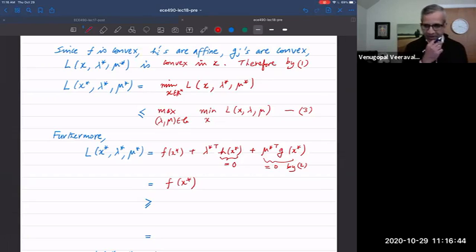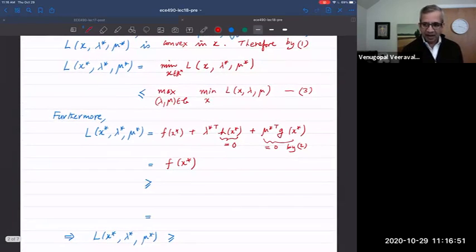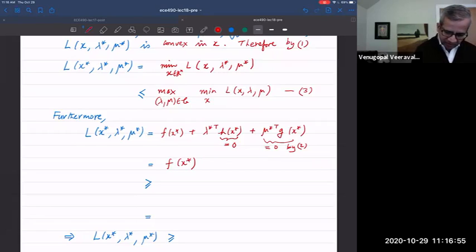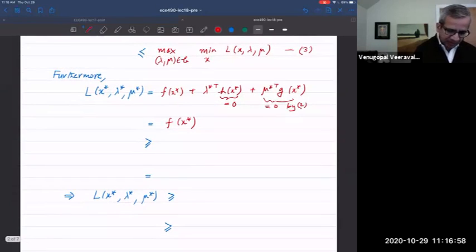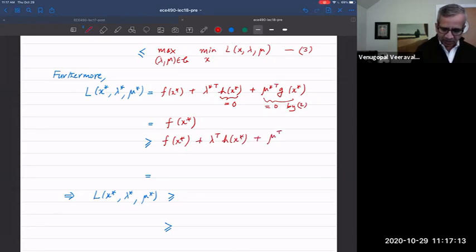Okay, so now I'm going to look at how this is related for arbitrary lambda and mu. I claim that this is bigger than or equal to f of x star plus, now instead of lambda star, an arbitrary lambda transpose h of x star plus arbitrary mu times g of x star.